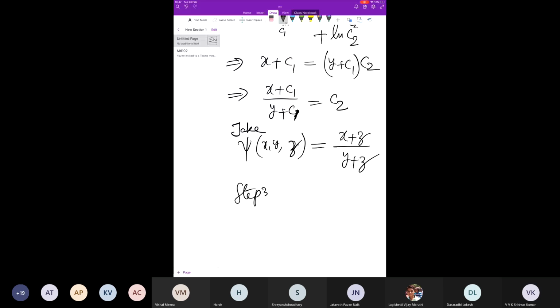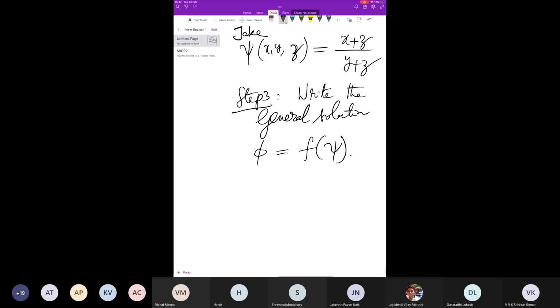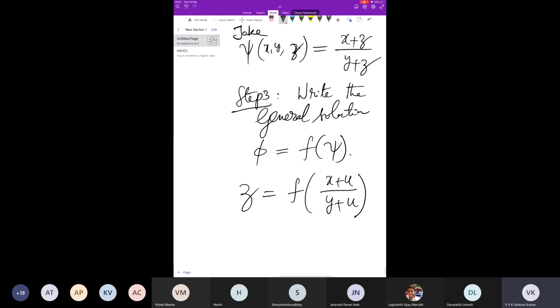Step 3: write the general solution. Phi is equal to a function of psi, that is z is equal to F of (x + z)/(y + z), where F is an arbitrary function.